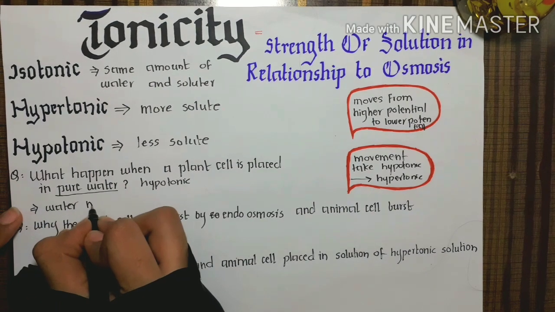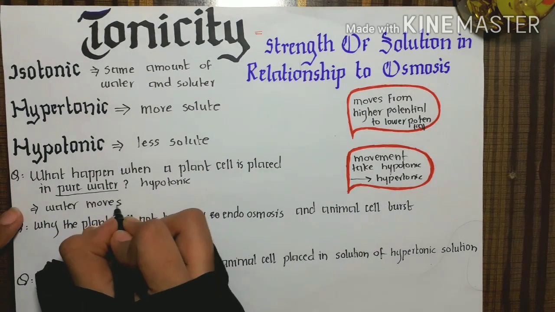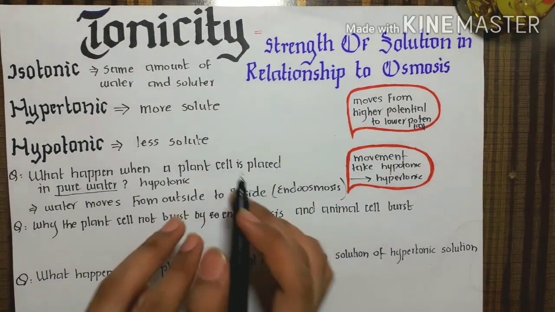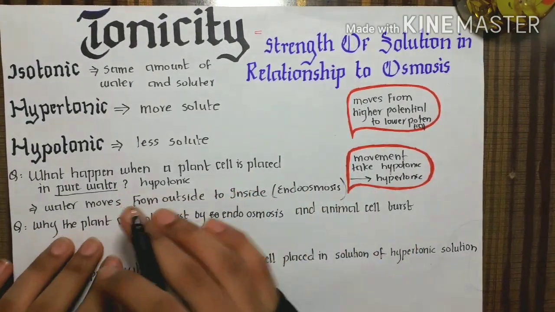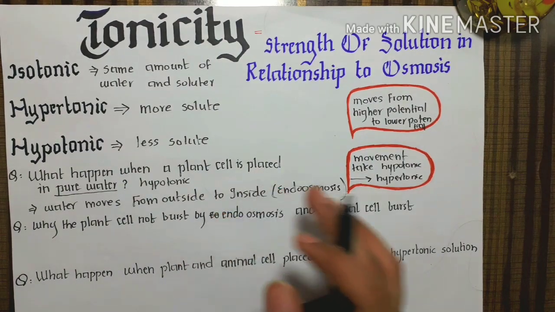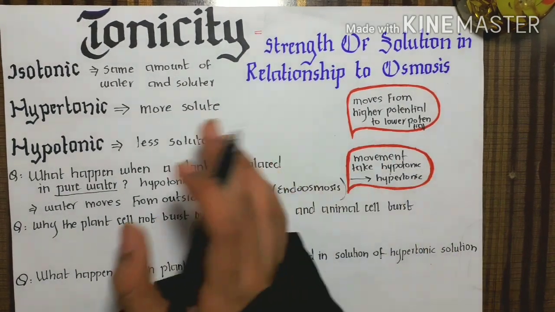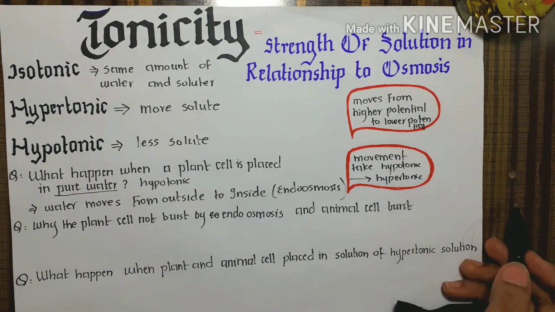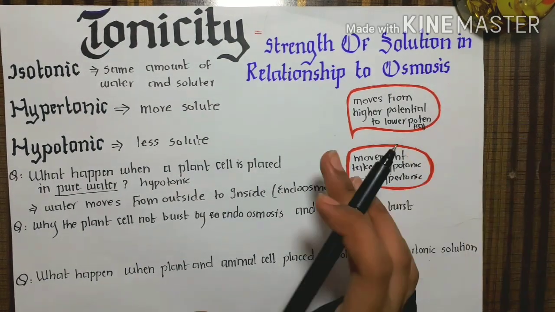Water moves from the area of a lower concentration of solute to the area of a higher concentration of solute, from hypotonic to hypertonic. The plant cell must have solute in it.